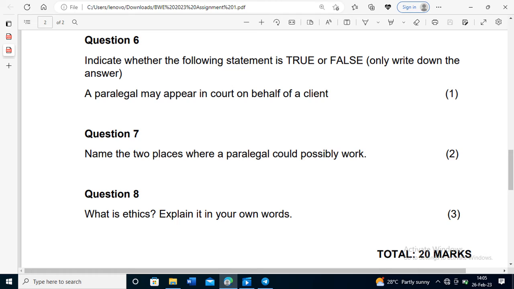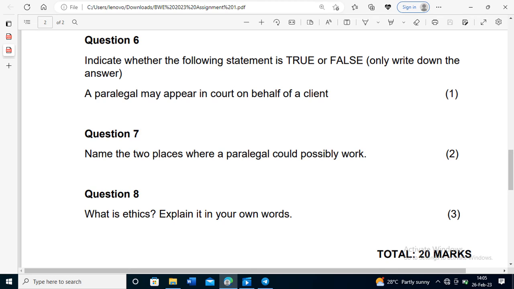Indicate whether the statement is true or false. Only write down answers. So they just want to know whether it's true or false. A paralegal may appear in court on behalf of a client. This one is false. A paralegal cannot appear in court. The only people that can appear in court are advocates and attorneys.